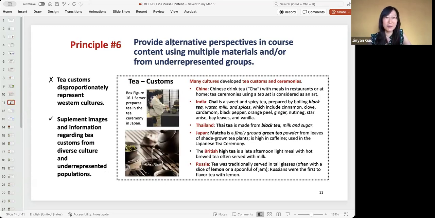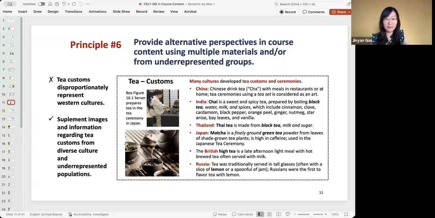And number 6 is to provide alternative perspectives in course context using multiple materials, all from underrepresented groups. So when talking about stimulating beverages, there's a section on the customs of tea. And the tea customs disproportionately represent Western culture, such as British high tea and how Russians use tea. And it does cover Japan.